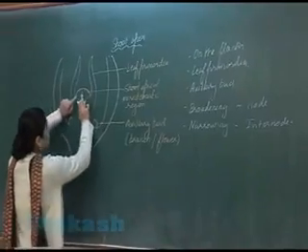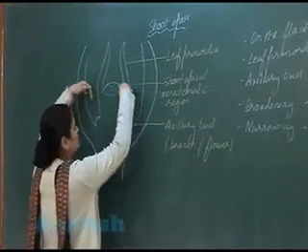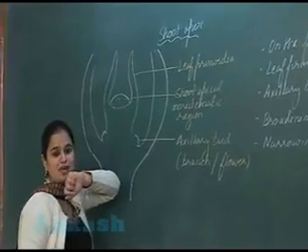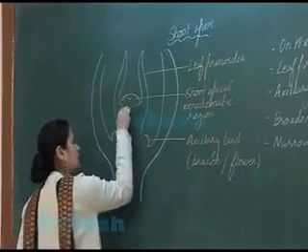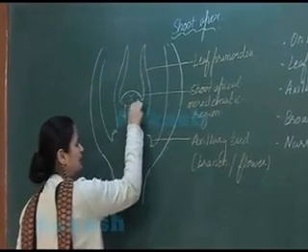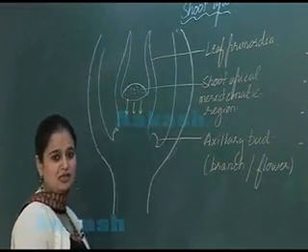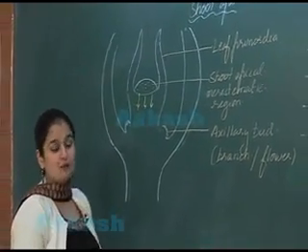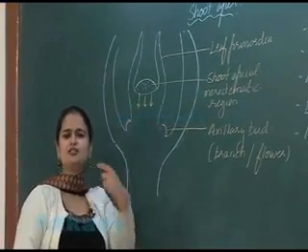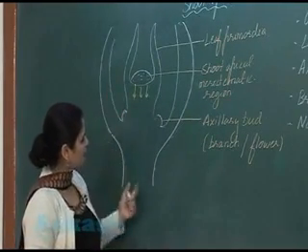So as I have discussed here, this shoot apical meristem forms derivatives on the flanks which will be converted into the leaf primordia and axillary bud. Along with that, it will also cut the cells on the lower side. As we have discussed earlier, on the lower side it will cut cells which will form the different tissues of the shoot. So this is in brief about the shoot apex.